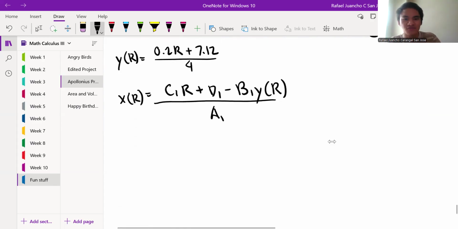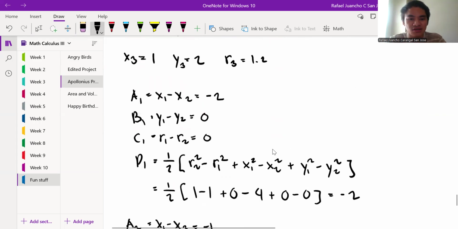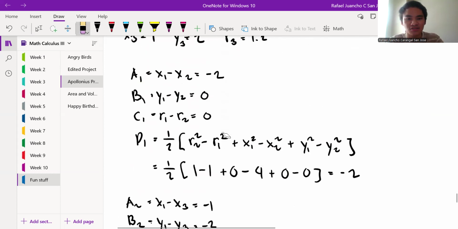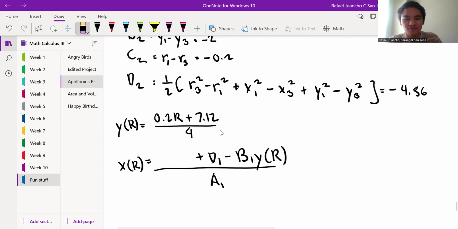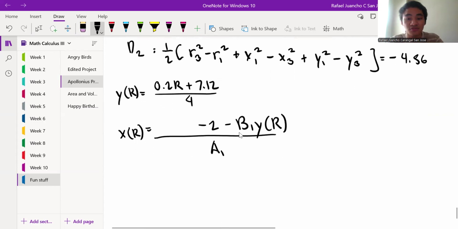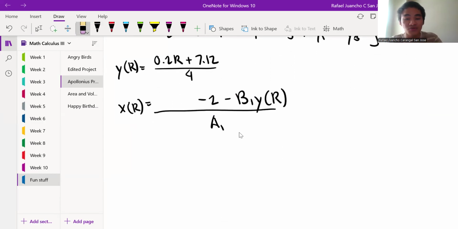Let's try this. Let's see if it works again. C1 is 0. Oh, this cancels. B1 is -2. This is -2. Minus B1. Oh, B1 is a 0. So everything here just cancels because B1's a 0.